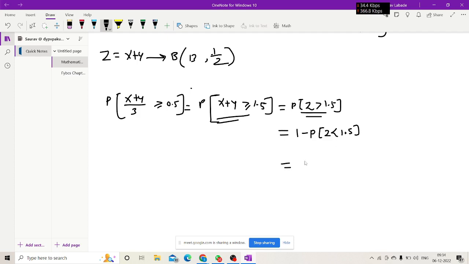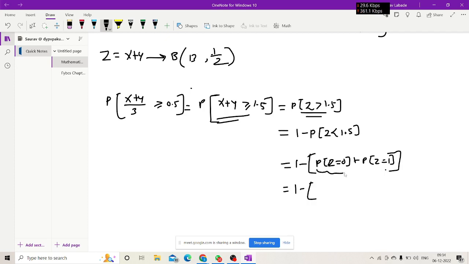Z less than 1.5 means 1 minus the probability of z equals 0 plus the probability of z equals 1.